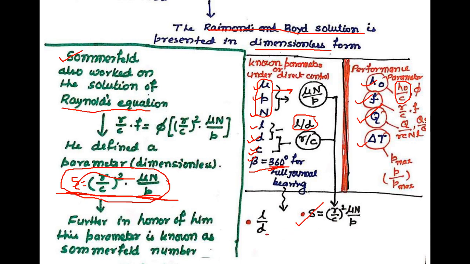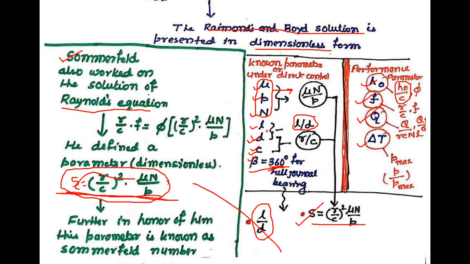In the end there are two parameters that are under the control of designer, that is L upon D ratio, and Sommerfeld number R by C square into mu n upon p.